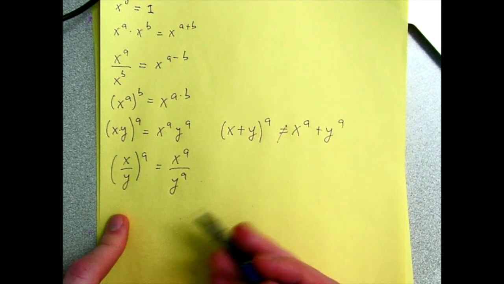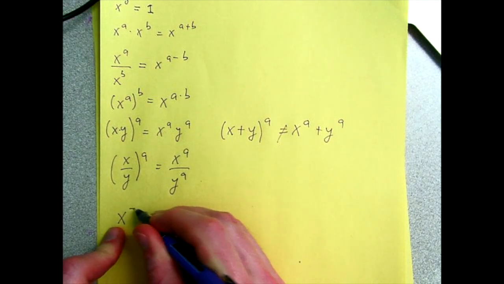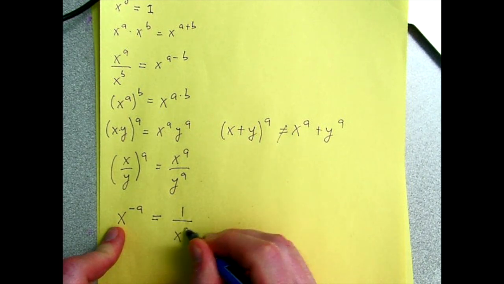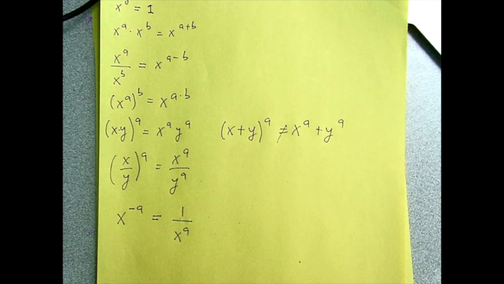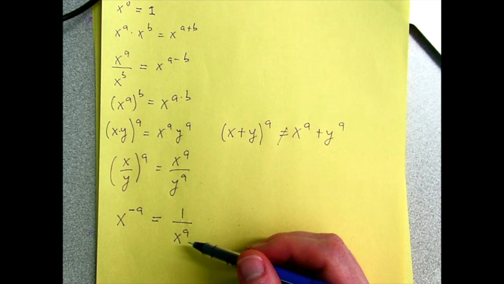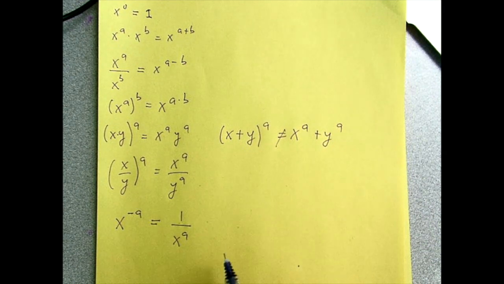Then we have the following. This is the rule for negative exponents. x to the negative a is equal to 1 over x to the positive a. This rule looks simple, but the behavior that it describes is sort of complicated. I suppose that one way of describing this is the following.